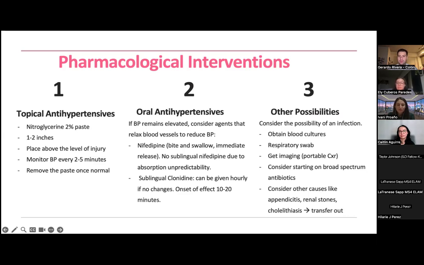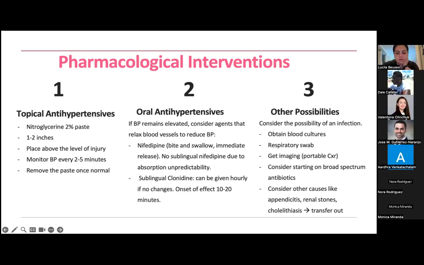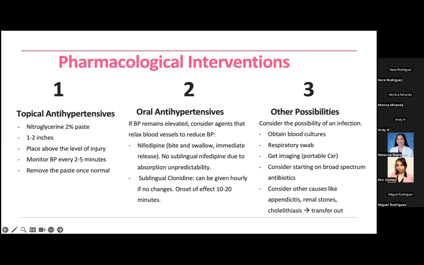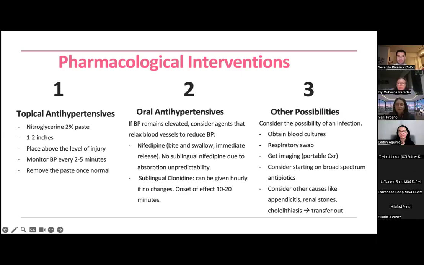And then, as Ivani touched on, if it's something that you think is going to be long-standing, like this patient had bacteremia or they have a UTI, that's not something that we're going to easily fix. So then you can consider giving an oral antihypertensive agent that's going to last a little bit longer, because obviously nitroglycerin is short-acting. That's going to leave the system, and then they're just going to go right back up.